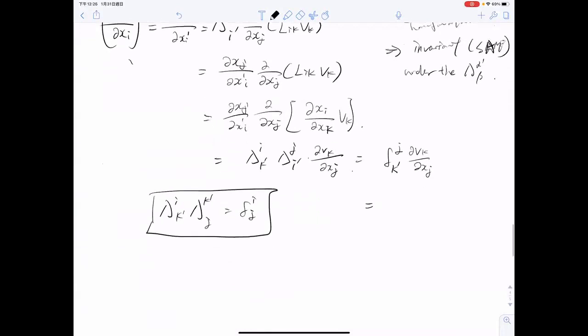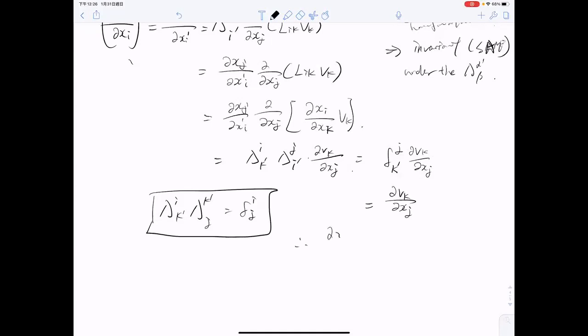And finally, after the J and K, these four indices are contracted, it will have V_K over x_J.